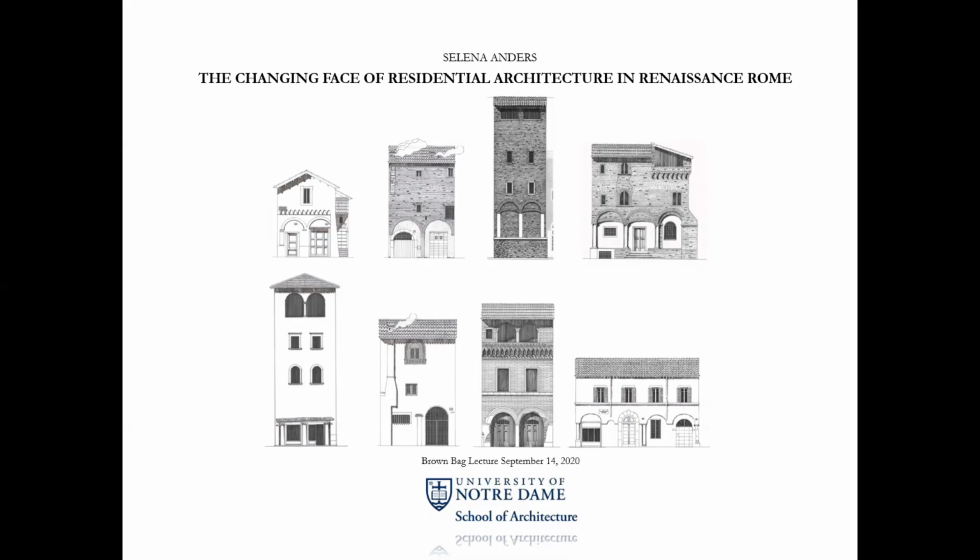In addition to her work specializing in documentation of World Heritage Sites and historic urban environments, Professor Anders' research is currently concentrated on the Italian architect Giuseppe Valadier, with a particular focus on his work executed during the Napoleonic occupation of Rome. The work she's going to show you today is actually based on her PhD that she concluded at La Sapienza, University of Rome, in the School of Civil Engineering and Architecture, Department of Architectural Research, Theory, and Practice.